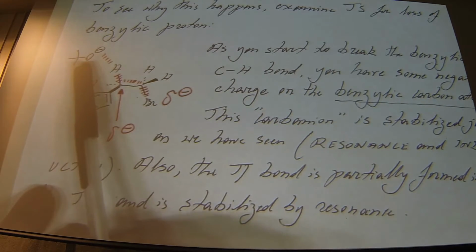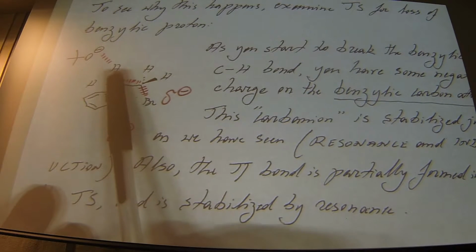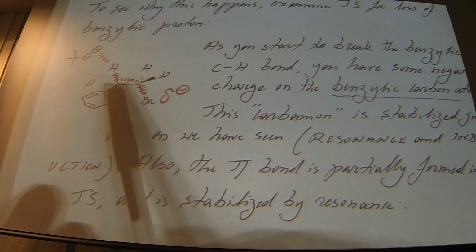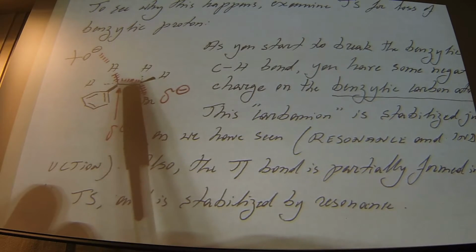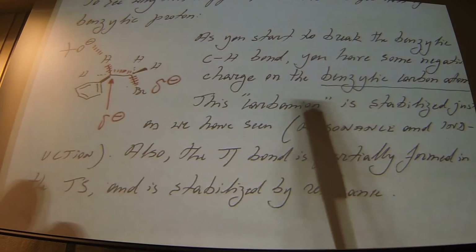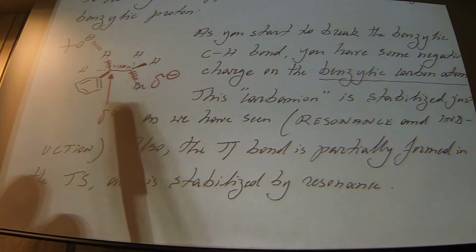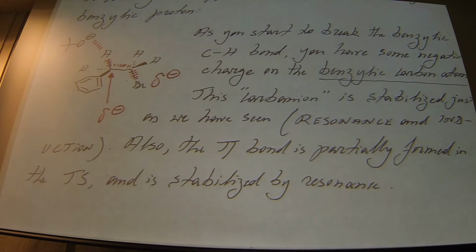As the non-nucleophilic base approaches, I start to stretch this carbon-hydrogen bond. I start to stretch this carbon-bromine bond. That induces a partial negative charge there, and at the same time, I'm beginning to form this pi bond here. But you can see that there is some negative charge developing in the transition state on the benzylic carbon atom.